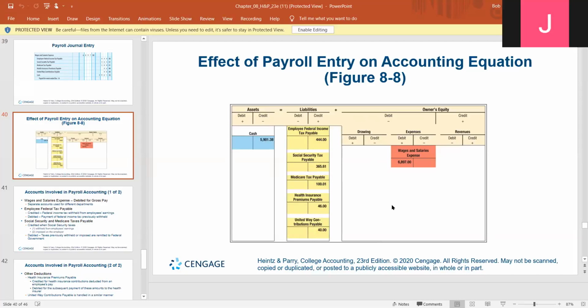Could be a lot of voluntaries. Garnishments, what a pain in the neck they are if you know what a garnishment is. It's an employee who's being forced to perhaps catch up on alimony payments or a debt, and you have to take that money out of the employee's account, regardless of what the employee says.